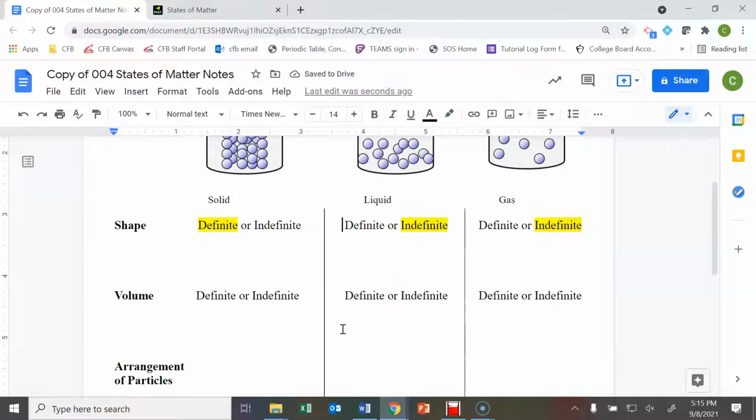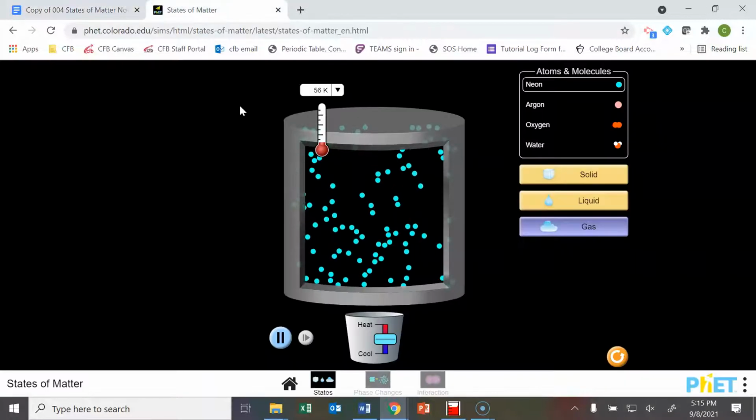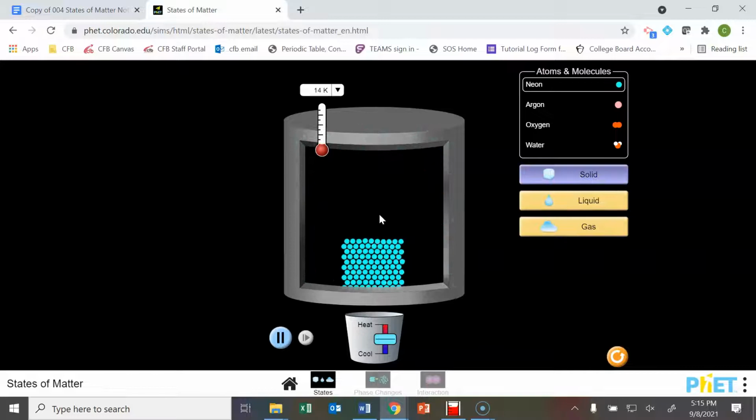Think about the volume of each. Solid, the volume is fixed. It's not changing. Liquid. Well, I could pour this in a different container and it would still be the same volume. It would still be the same amount of liquid. It might take a different shape, but the volume will be the same.